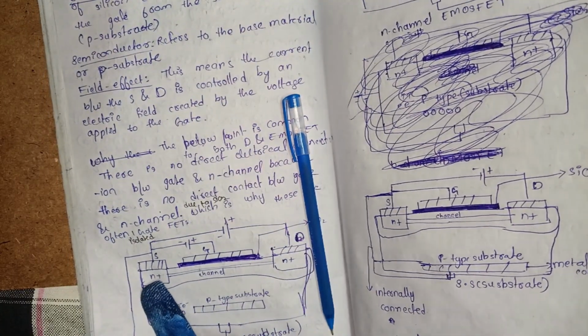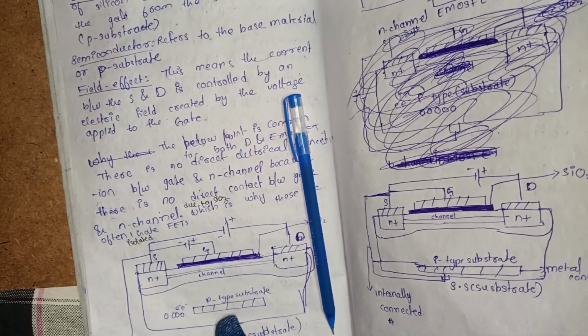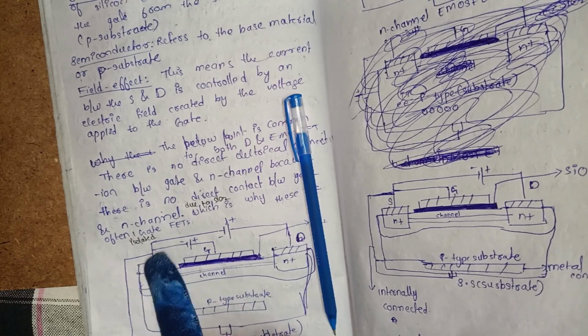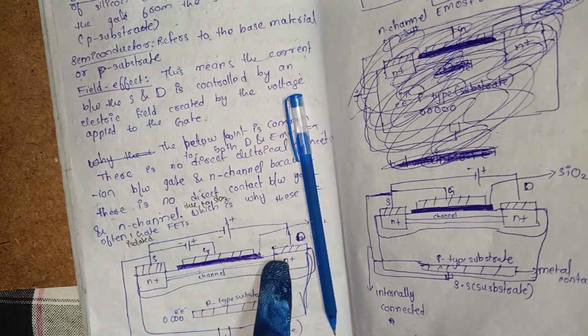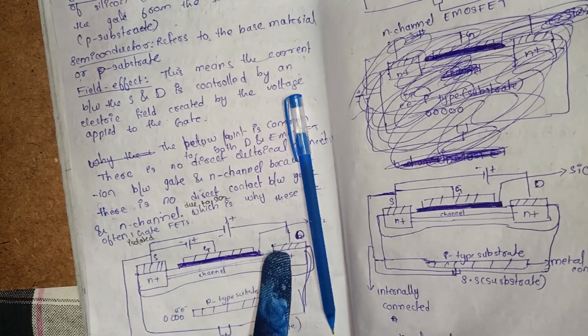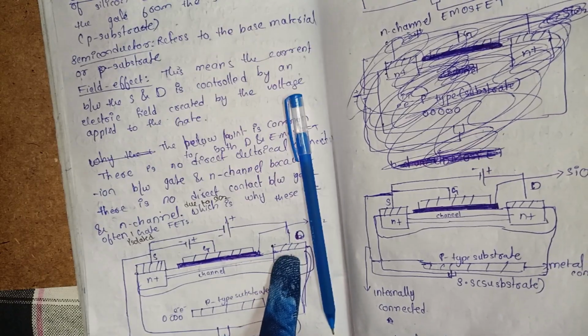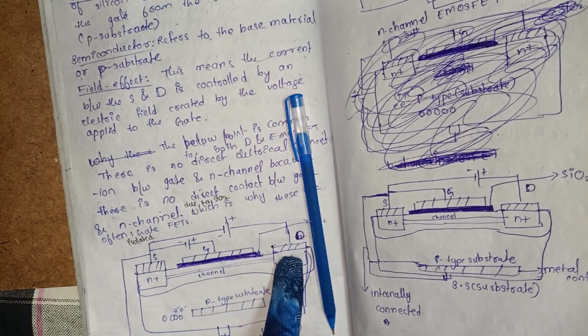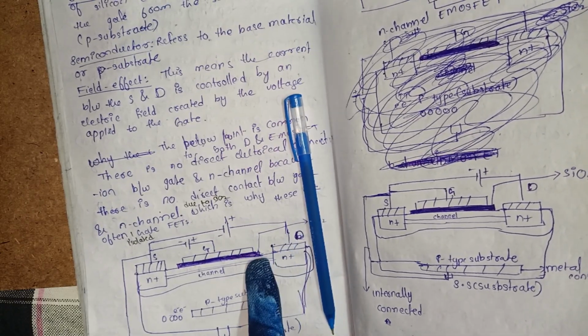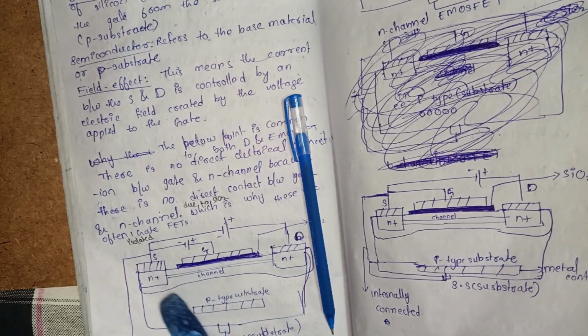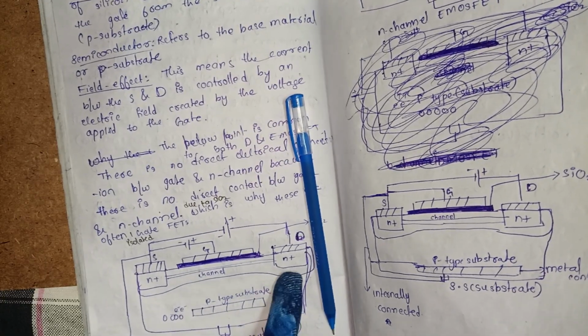Here are the N plus region and P substrate. These are the metal contacts. So it allows a low resistive electrical connection between these metal contacts and the P substrate. This whole area is the P substrate.